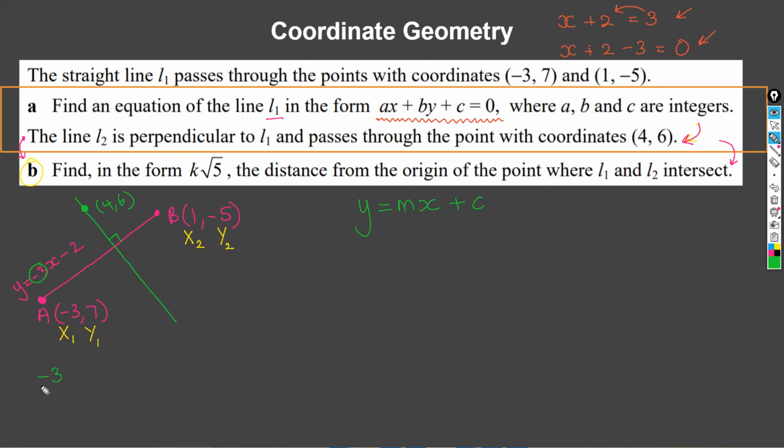So minus 3 is the same thing as minus 3 divided by 1.